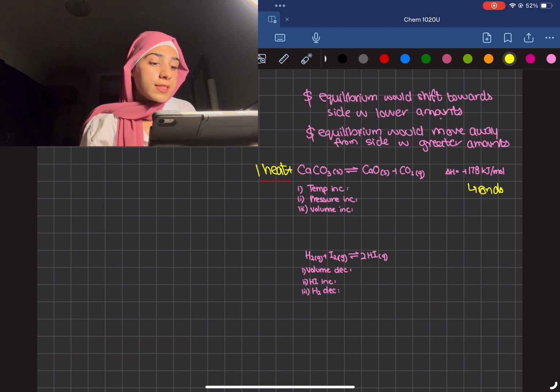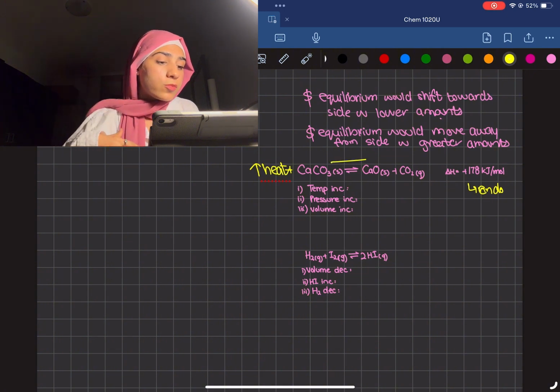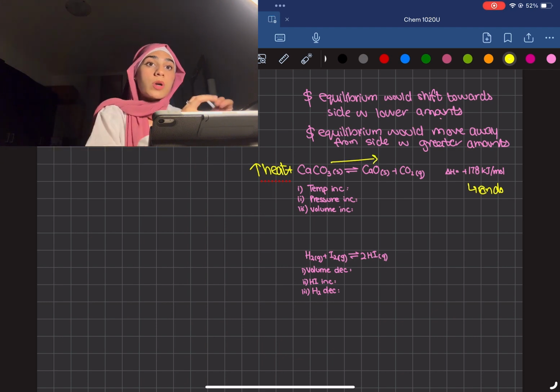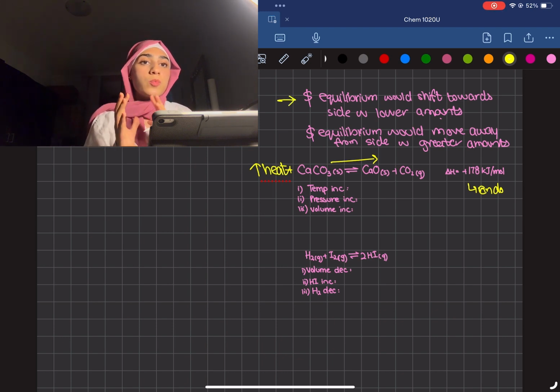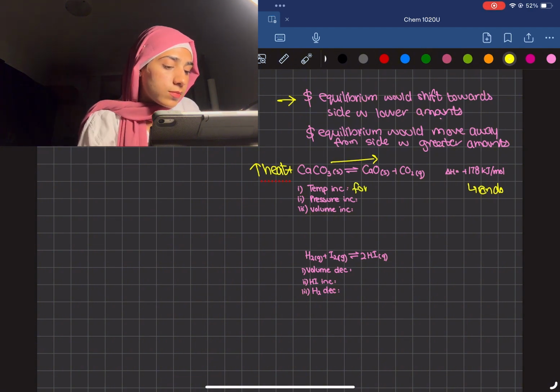So if I'm increasing the amount of heat, that means there's more on my reactant side. That means my reaction would move forward because my product side has a lower amount. If I look at the above statement, I'll see that my reaction moves towards the side that has lower amounts. So reaction moves forward.